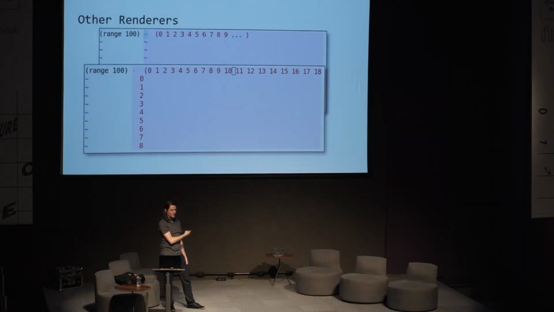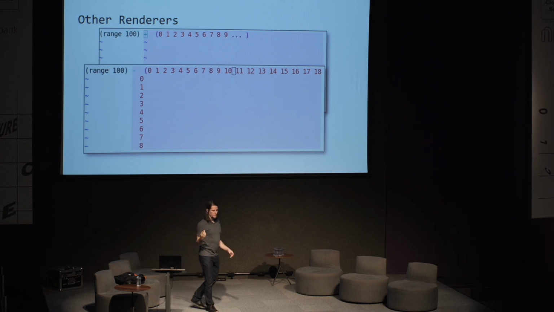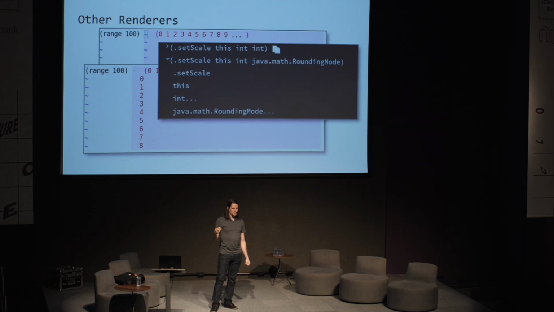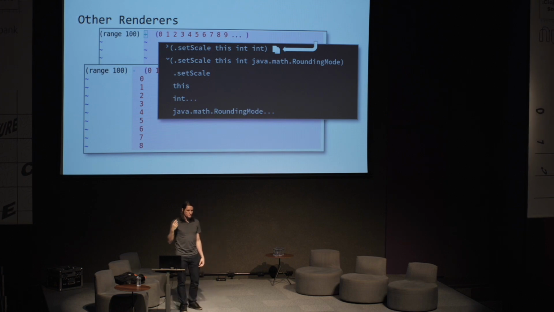Now, if you have this format of data, if you already have a textual representation of it, you can put it on Clojure, on the HTML renderer, some kind of button that will copy this code to the clipboard. This will make it really easy for you to do copy-paste REPL-driven development.